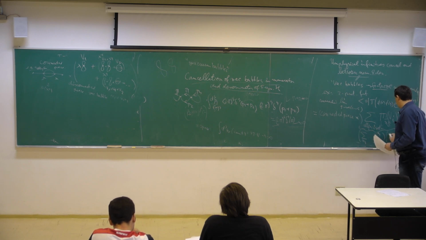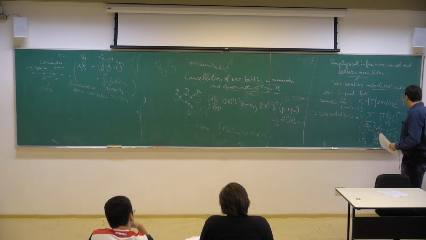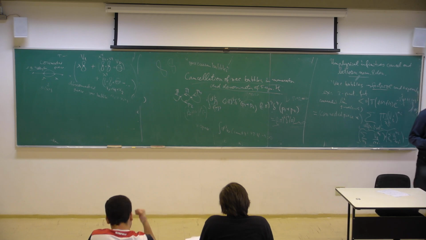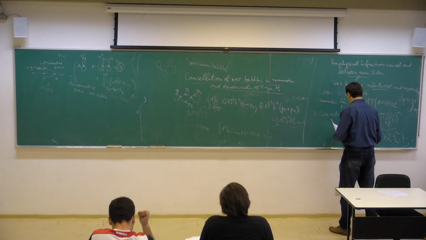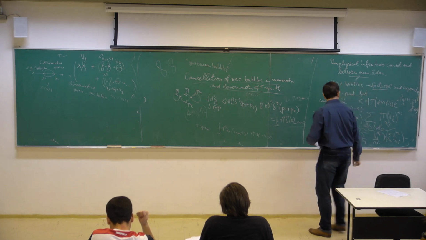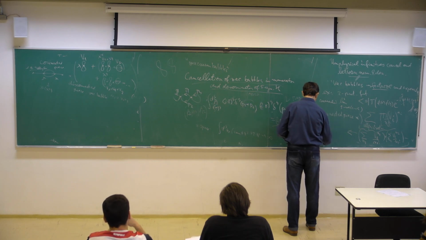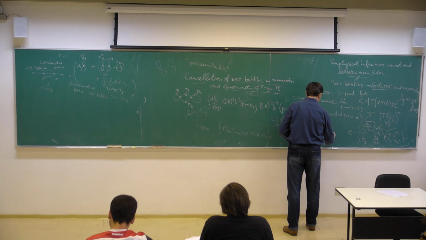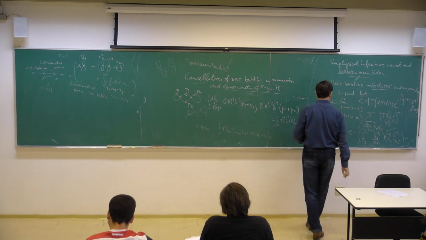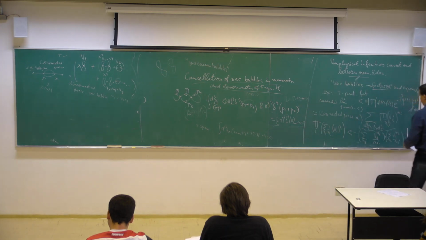And then sum over N2, V2 to the N2 over N2 factorial, and so on, right? So to write this more specifically, it would be product over these i's with sum over Ni, 1 over Ni factorial, Vi to the Ni, right?